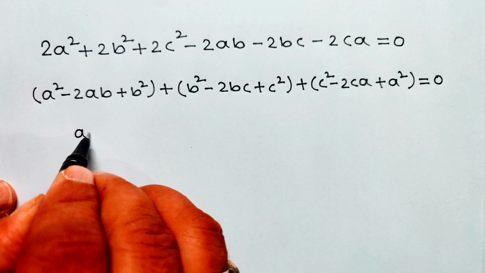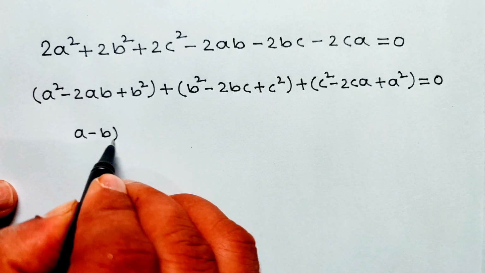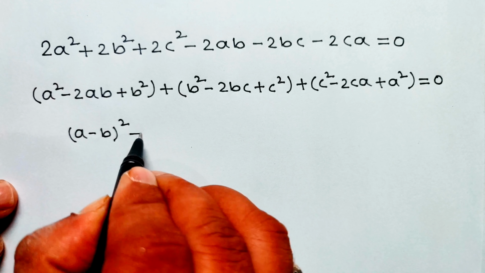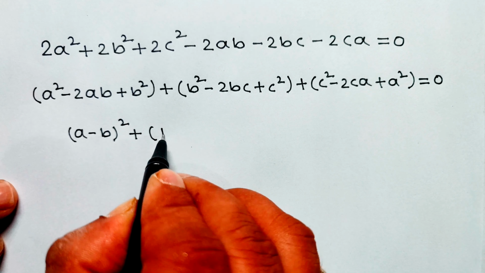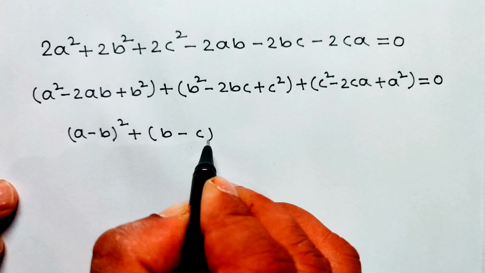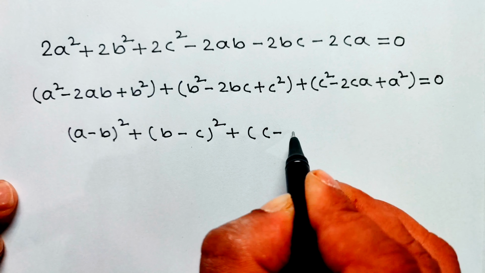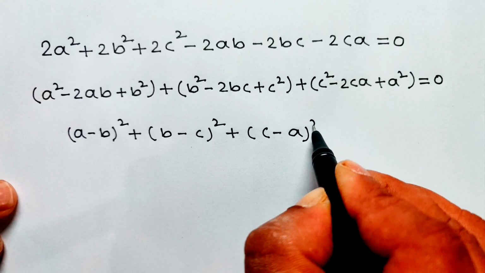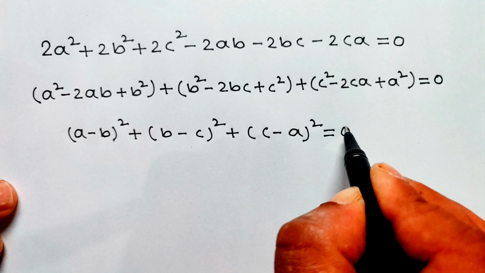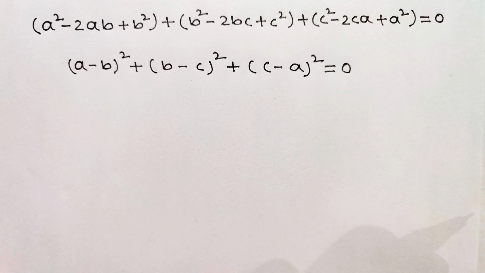Then (a − b)² + (b − c)² + (c − a)² = 0. The sum of three square numbers is 0.